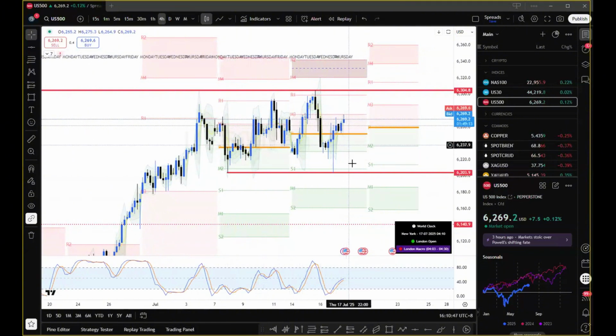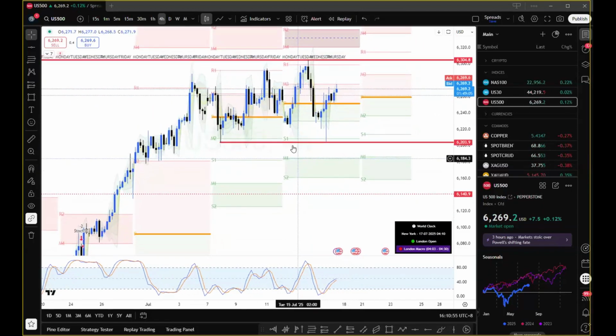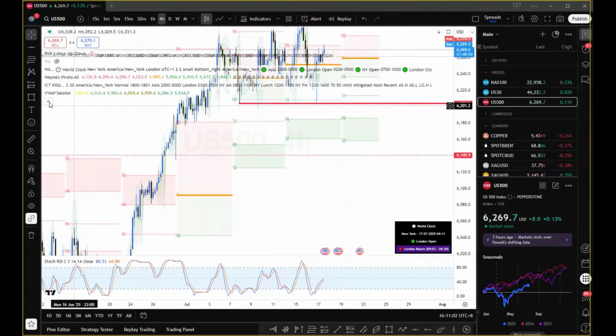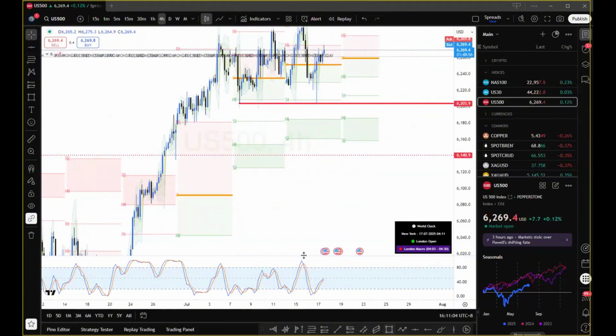So if we do come back down to this level, you'll find that this area will be void of buyers because the buyers are all in the market already. Okay, so where we are looking at the next support, the next support will be R2 and 4, which is somewhere around here.